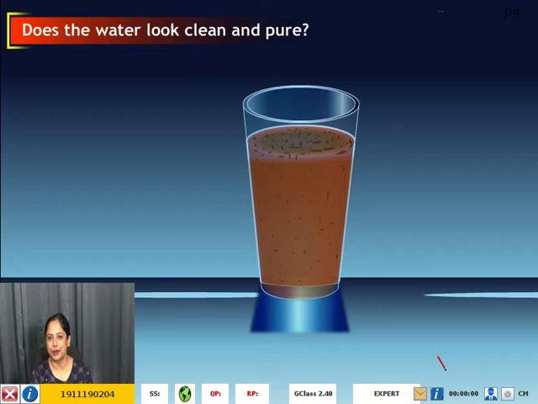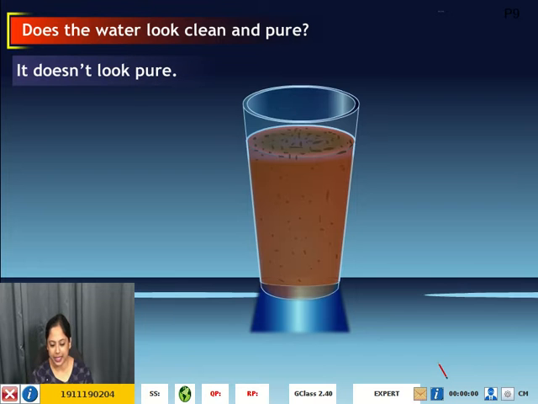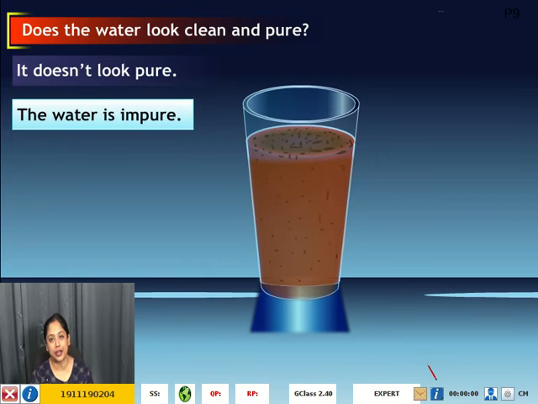Look at this picture now. Now tell me, does the water look clean and pure now? No, right? We see a lot of impurities in the glass of water, right? It does not look pure. So how do we say that? We say the water is impure. Along with the word pure in English, what have we used?